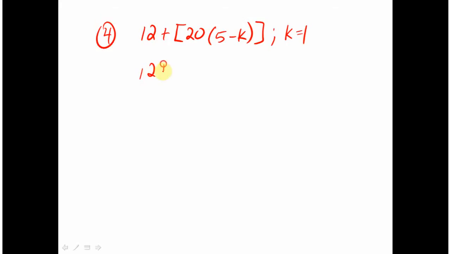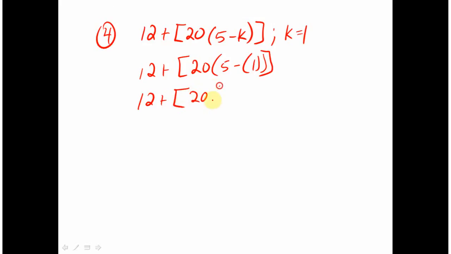So we'll rewrite everything, replacing the k with the 1, put it in parentheses. And I forgot to end my parentheses, so I'll do that. We're going to work inside the grouping symbols, inside the innermost parentheses. So we have 5 minus 1 is 4. Now we have 12 plus 20 times 4, which is 80. And when we add those two amounts together, we get 92.